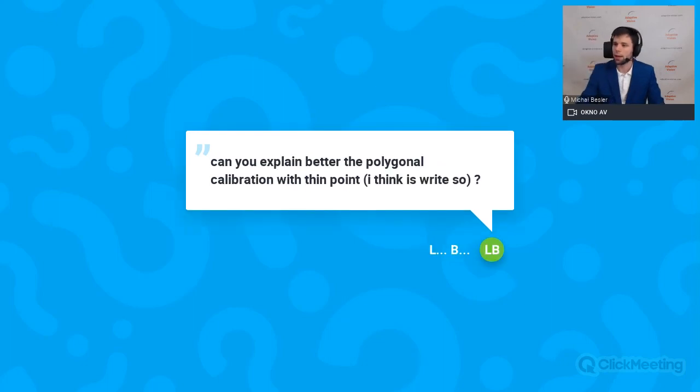Okay, can you explain better the polynomial calibration with thin prism? In fact, the difference is under the hood. The difference is in the math, in the equation used for the distortion coefficient calculation.